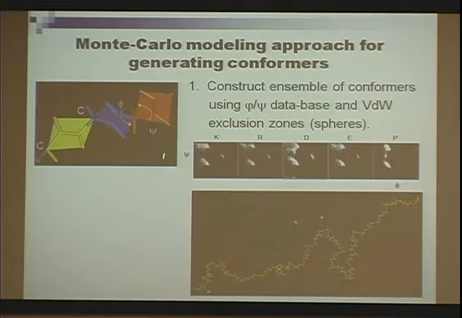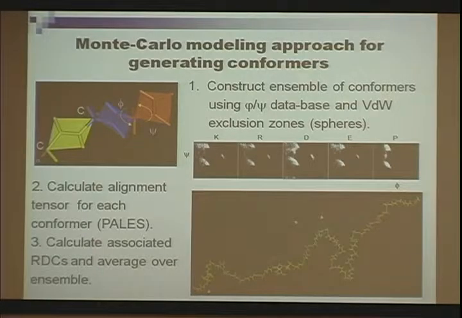We also include an exclusion zone, a simple sphere, to try and prevent steric clashes. But we needed a method that was fast and quick, because once we generated the structure of one monomer, we can then calculate the alignment tensor using a code called PALES and calculate the RDC.